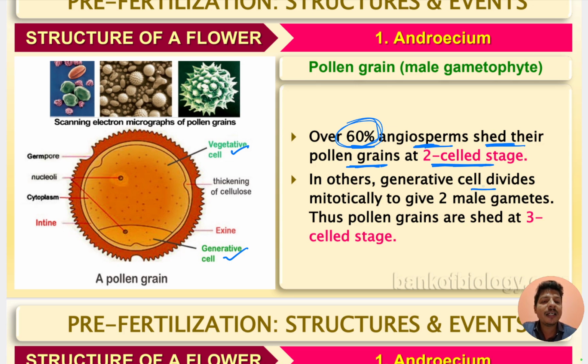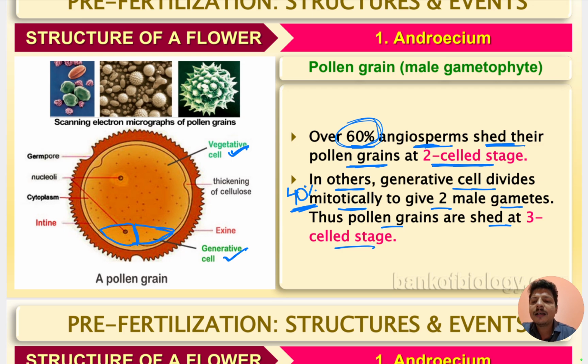In the others, meaning the other 40%, the generative cell divides mitotically to give 2 male gametes. Thus pollen grains are shed at the 3-cell stage. So in 40% of angiosperms, after the pollen grain has a vegetative cell and a generative cell, it again goes through mitotic division, meaning the generative cell divides into 2 more like this.